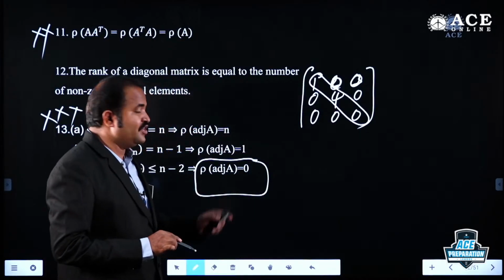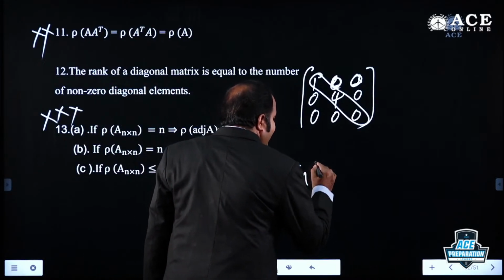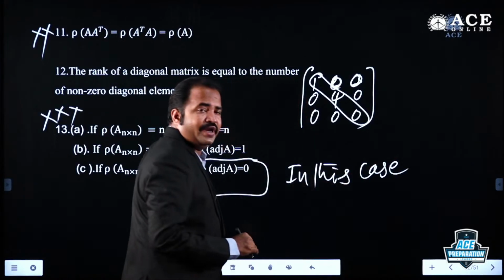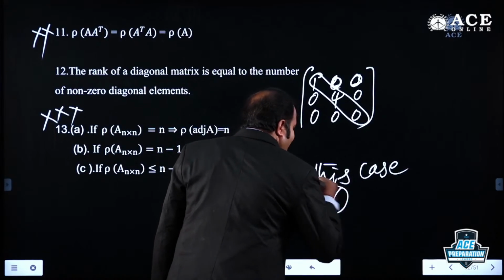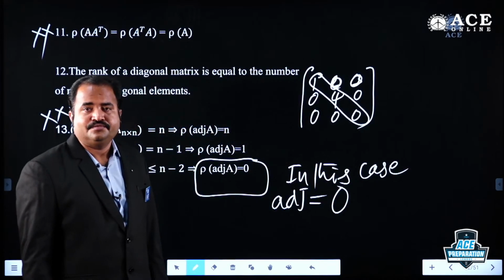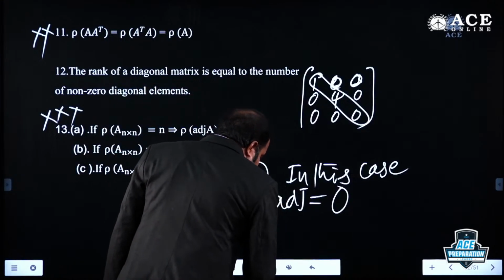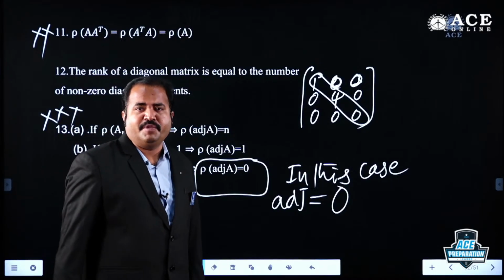But here rank of adjoint A equal to 0 means what? In this case, adjoint A is a null matrix, no doubt. You can take an example and verify, right? In this case, adjoint A is equivalent to the null matrix, that is O. So these are the frequently used and important properties related to rank of the matrix.